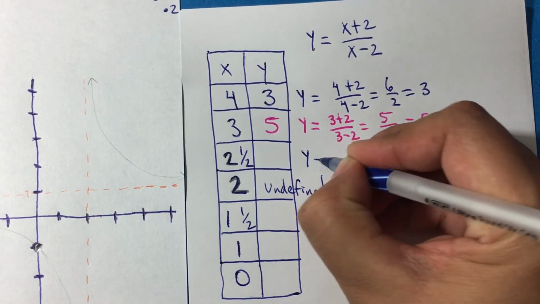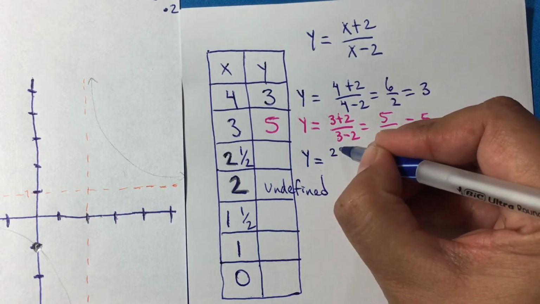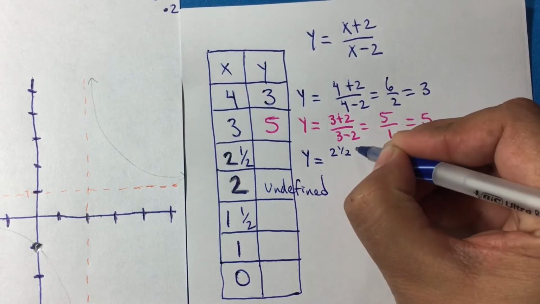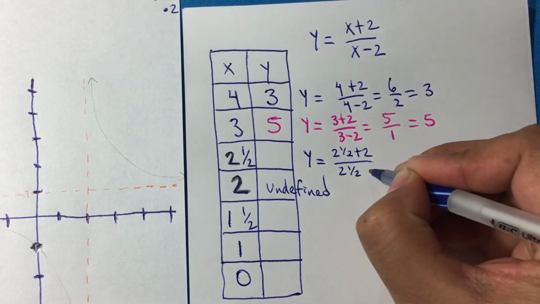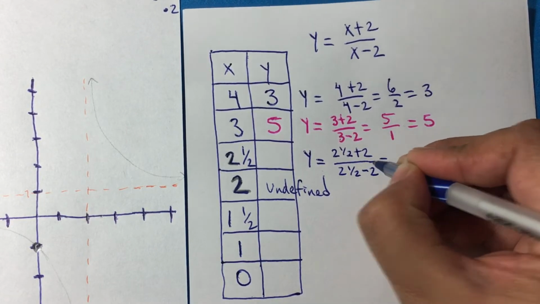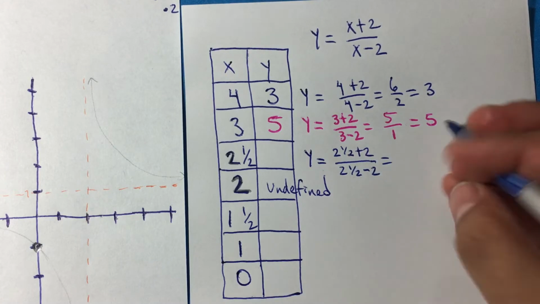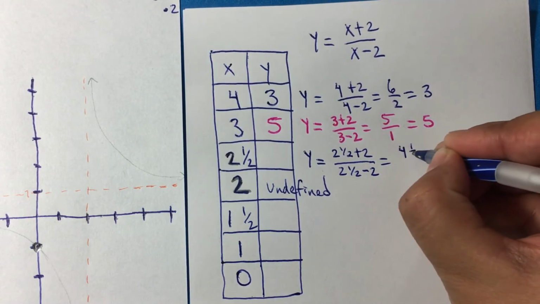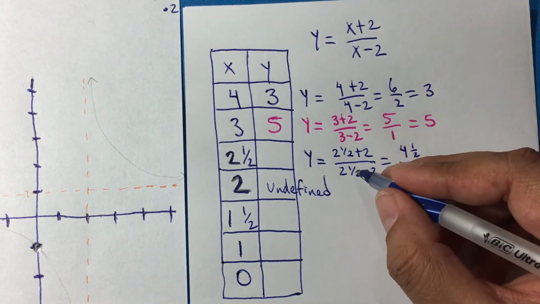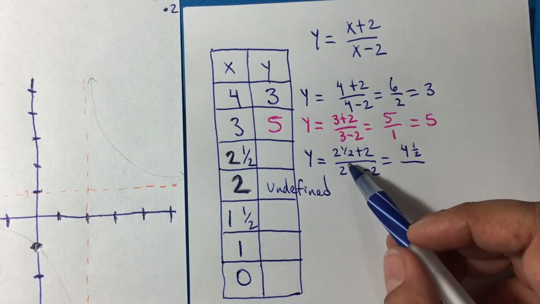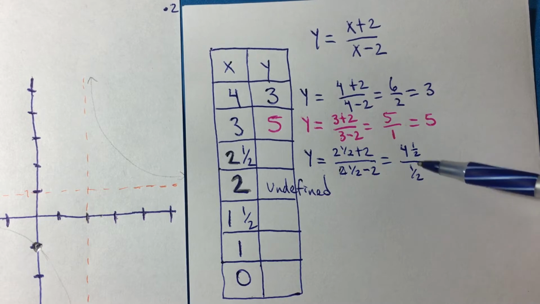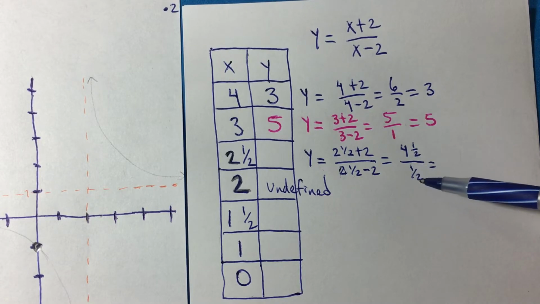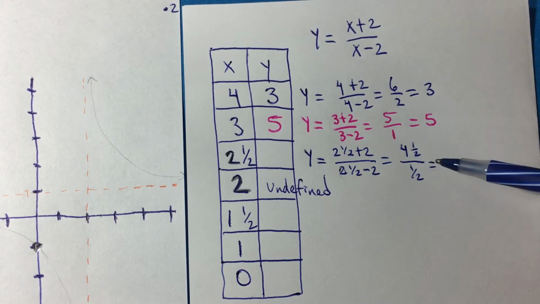Then we have y is equal to 2 1/2 plus 2 over 2 1/2 minus 2. 2 1/2 plus 2 is 4 1/2. And 2 1/2 minus 2, so you're taking away the 2 and you're left with 1/2. And here it says how many halves go into 4 and 1/2?